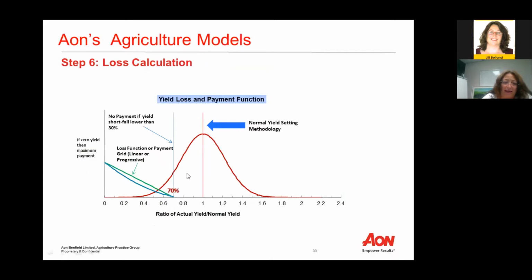This is your yield. If this has a 70% or a 30% excess, then anything in here wouldn't be paid out. But as the yield gets lower and lower, you get more and more payment.